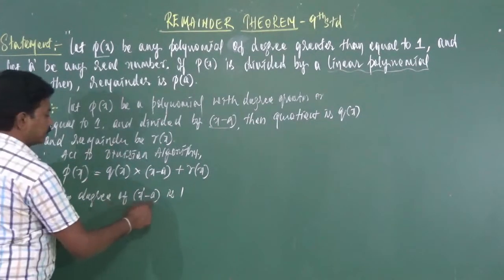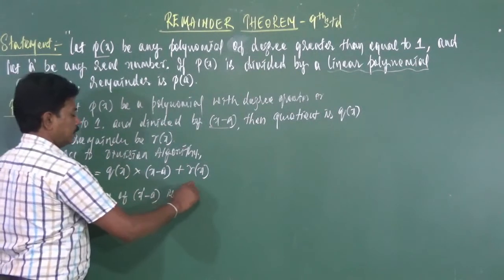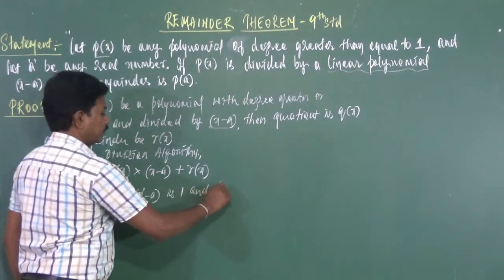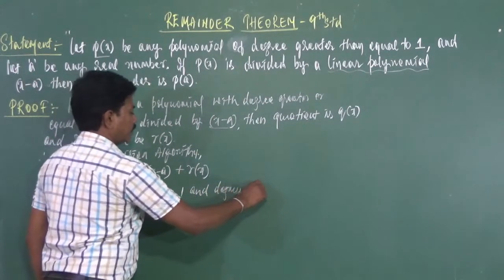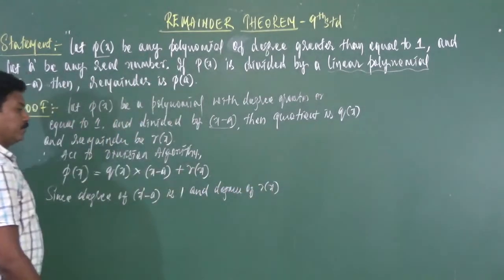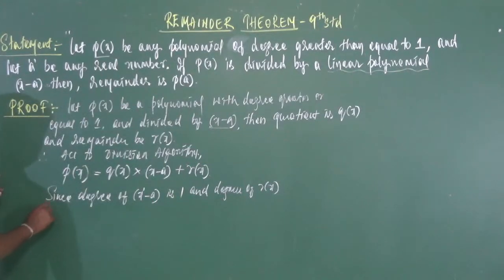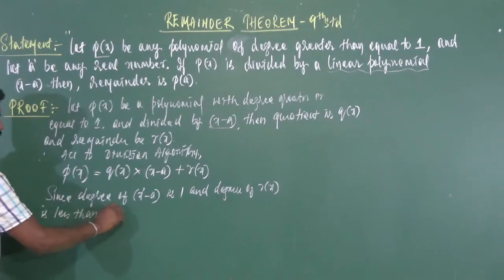So since the degree of x minus a is 1, and the degree of r of x is less than the degree of x minus a.